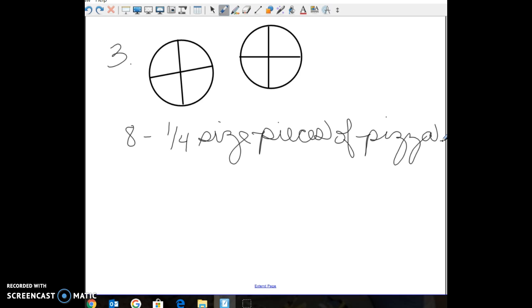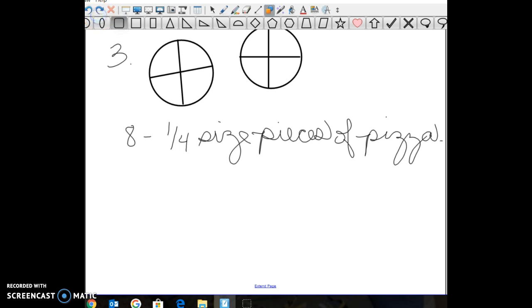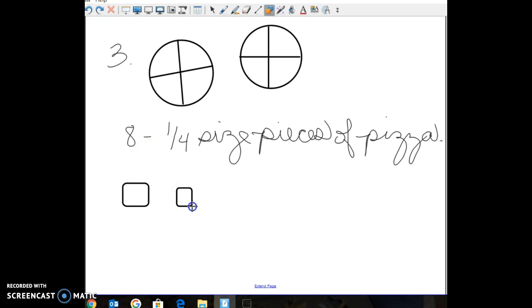And if we look at number 4, Thomas makes 5 sandwiches that he cuts into thirds.